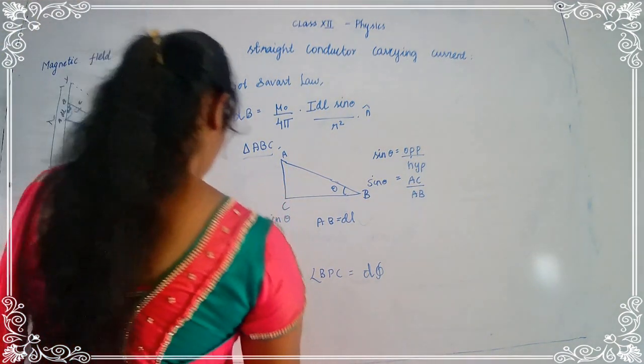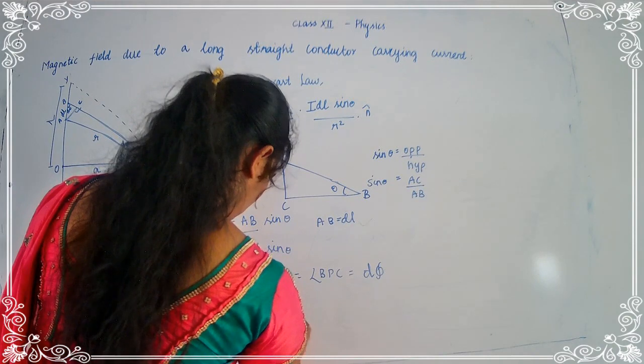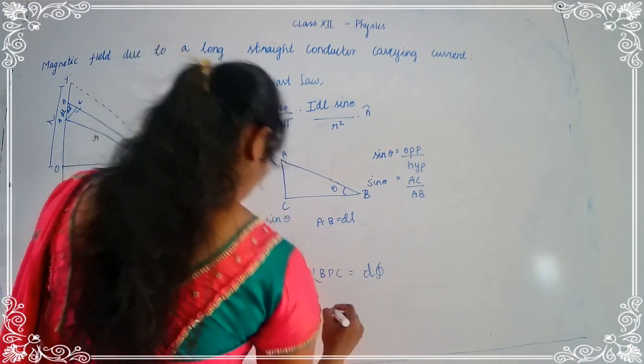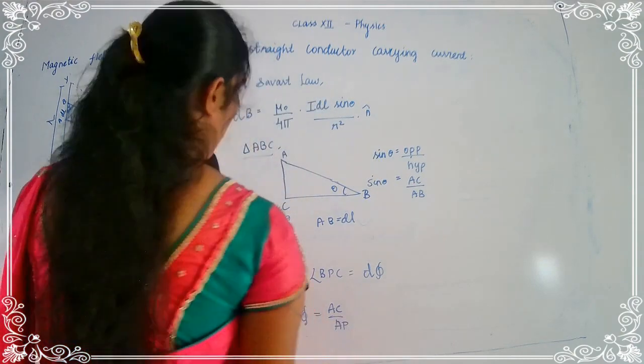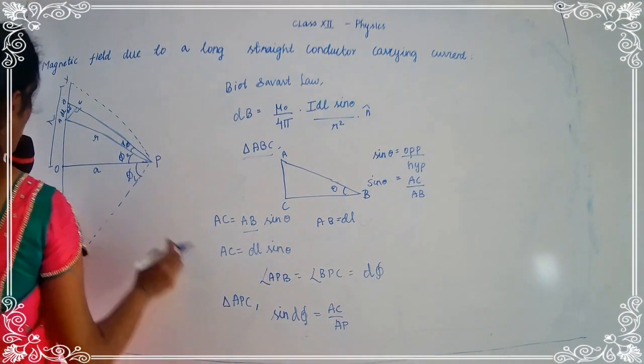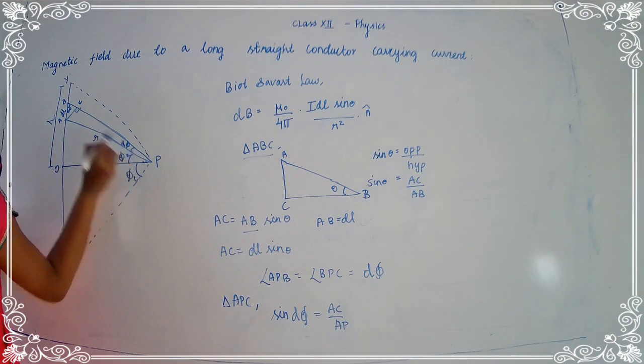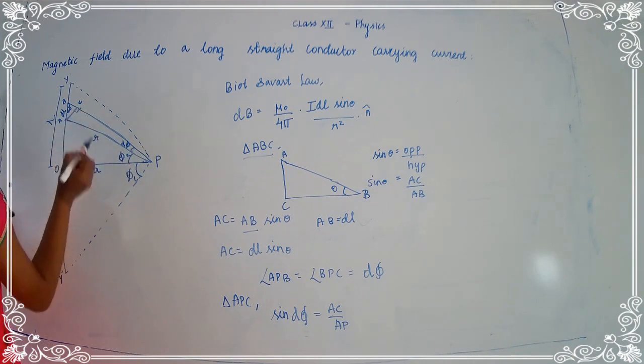Here, d phi is there, so sin d phi is equal to AC by AP. How AC by AP? Opposite side by hypotenuse. For this, opposite side AC by AP, that is the hypotenuse. Do you understand?